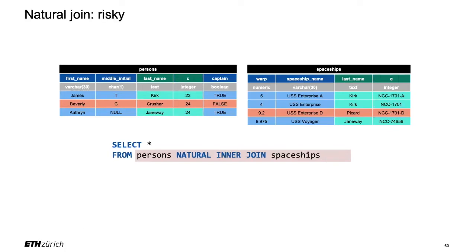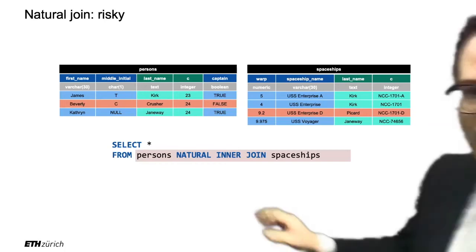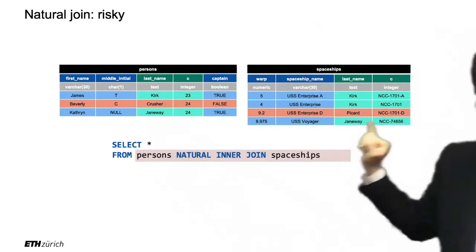They both start with C, so I just changed both to C. And now we have a problem, because in a natural join, you're joining on all the attributes that are the same. It is the case with C and C. And on top of that, they are both integers. And as Mark established, if the domains didn't match, that would be different, but they even have the same domain.